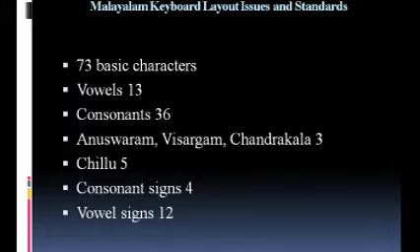Then we can see the other 3 characters. Anusvaram, which we write as a small circle. Then Visargam, which is like a colon. Then Chandrakala. I think all of you are very familiar with Chandrakala in Malayalam. So these are the 3 other basic characters in Malayalam.